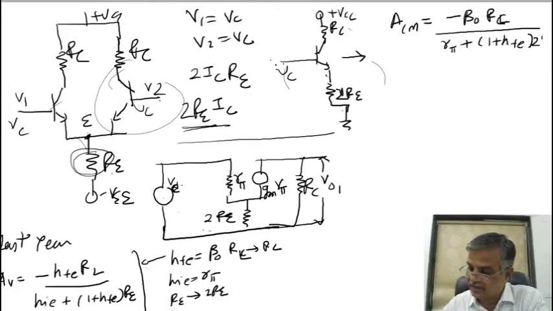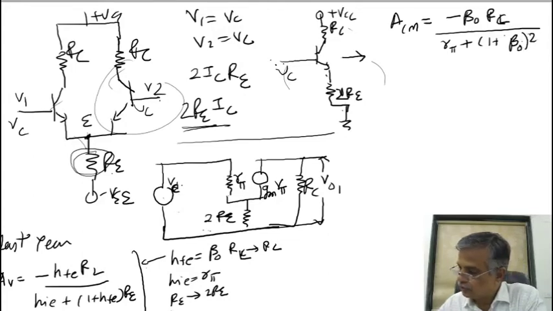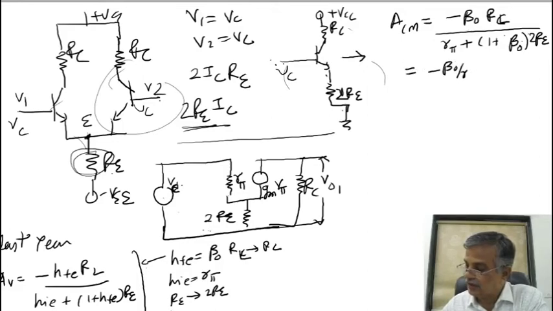Sorry, instead of HFE I should write beta because I have replaced it. Now in this equation I divide by R pi: beta 0 upon R pi into RC upon 1 plus.